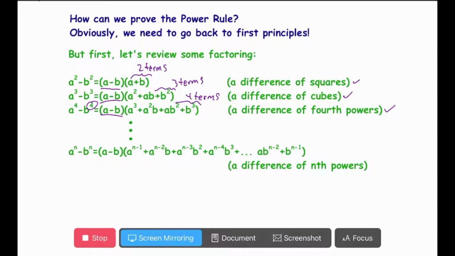If we were to extend this to the nth degree, or in other words, write a general formula for this, a to the power of n minus b to the power of n is equal to a minus b, there's our friend again, times a to the n minus 1 plus a to the n minus 2 times b plus a to the n minus 3 times b squared plus a to the n minus 4 times b cubed plus, and so on, until we get to just a by itself times b to the power of n minus 2, and then plus b to the n minus 1.